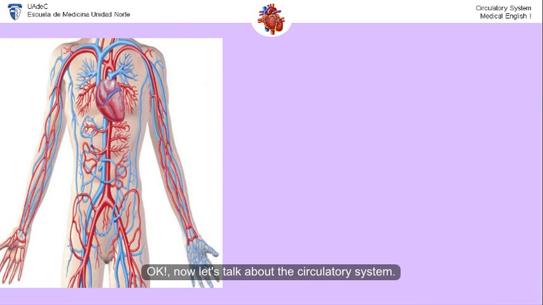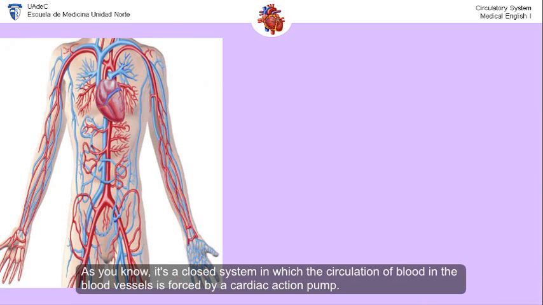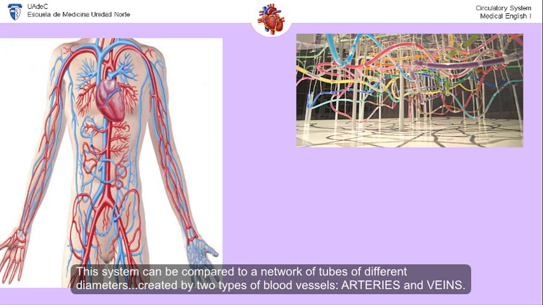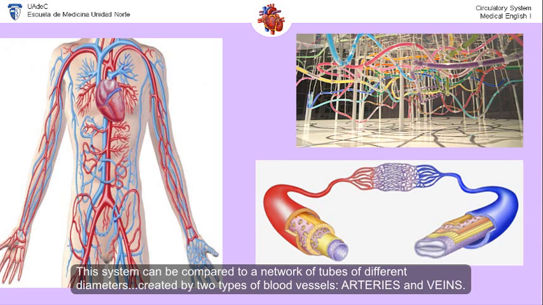Okay, now let's talk about the circulatory system. As you know, it's a closed system in which the circulation of blood in the blood vessels is forced by a cardiac action pump. This system can be compared to a network of tubes of different diameters, created by two types of blood vessels, arteries and veins.